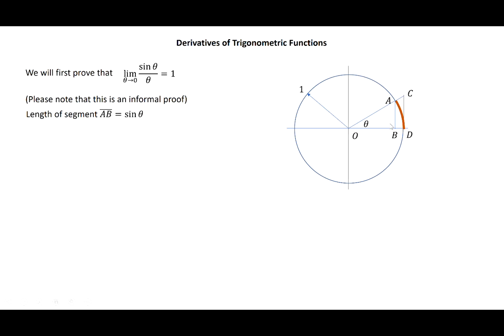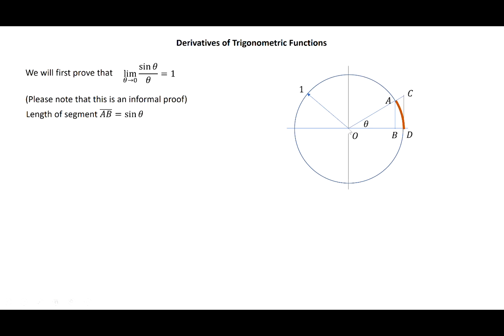That's a right triangle, right? If you remember SOHCAHTOA, sine is opposite over the hypotenuse. So sine theta should be the length of this segment AB divided by the length of the hypotenuse OA.